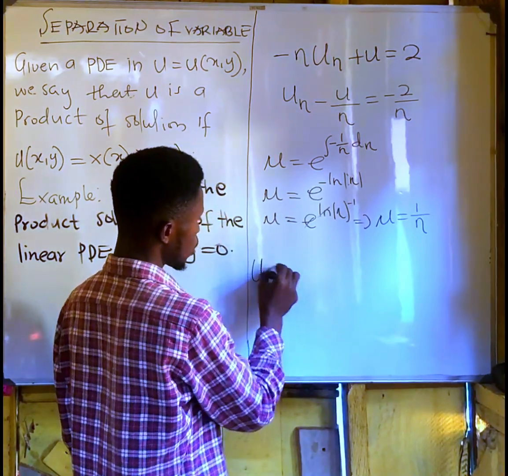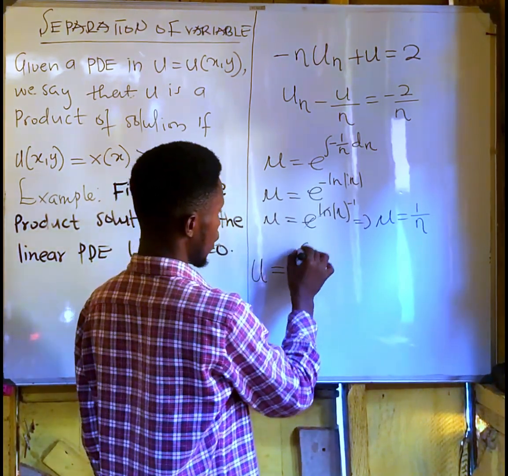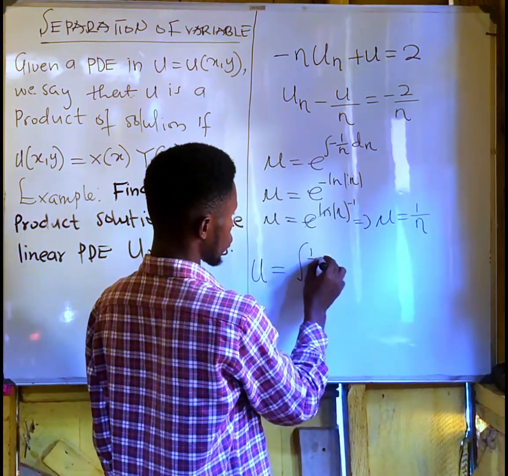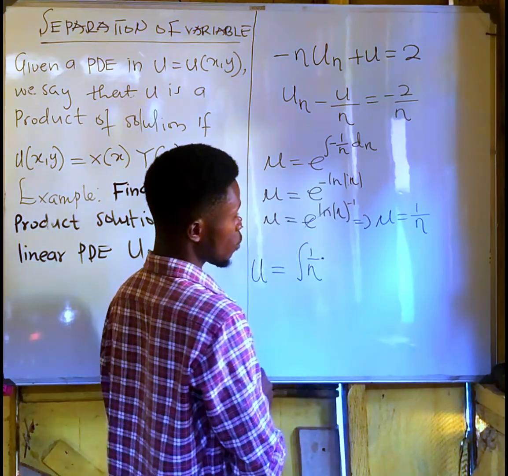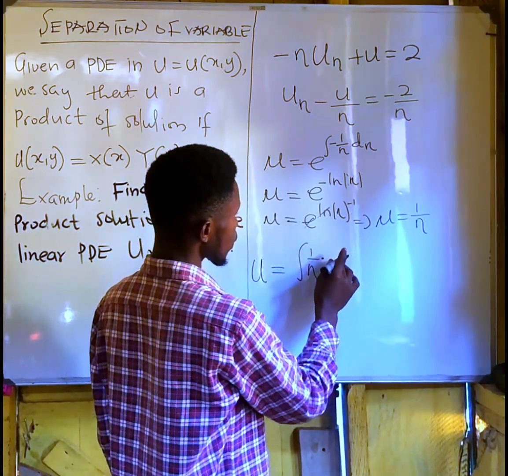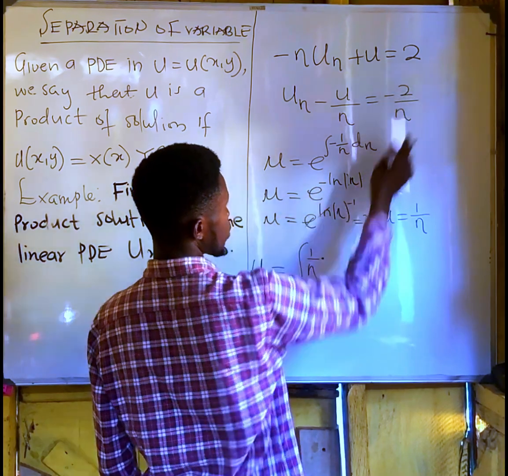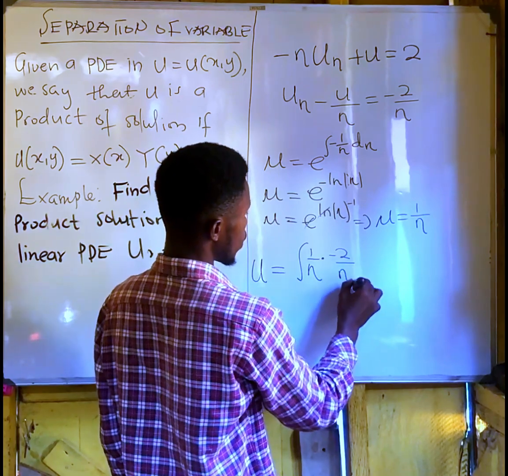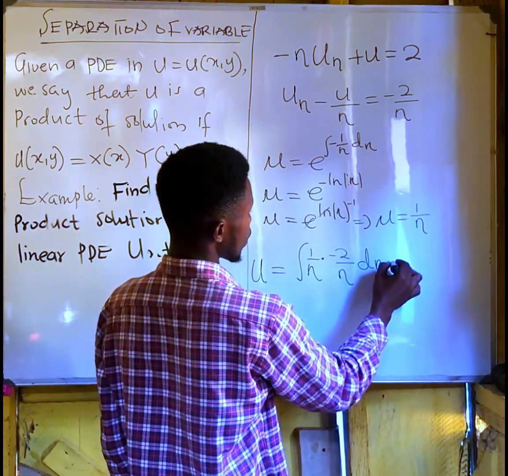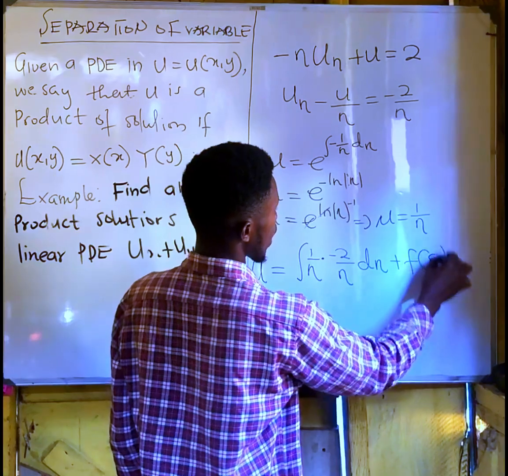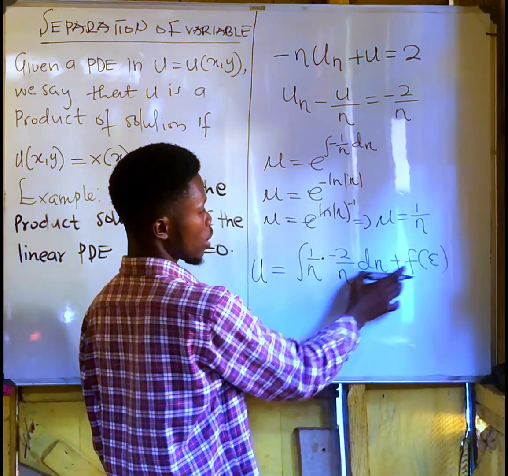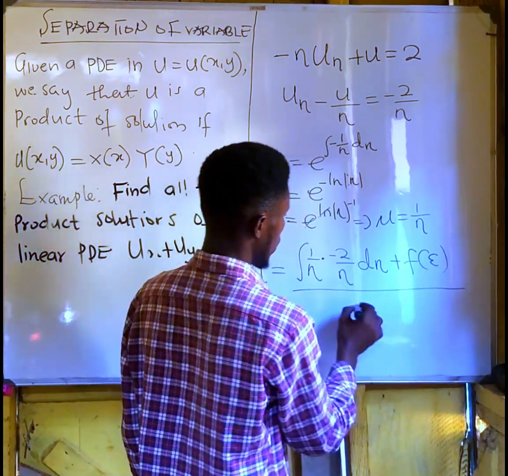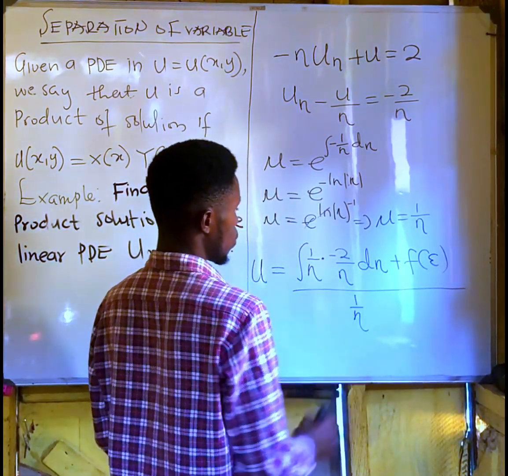So now our solution becomes the integral of the integrating factor, which is 1 over eta. I've already used this formula before, times the q of eta, which is negative 2 over eta d eta plus f of xi, because we are integrating with respect to eta, so the constant becomes that. And the constant is not part of the integration here. This is the formula that I'm using, over the integrating factor 1 over eta.